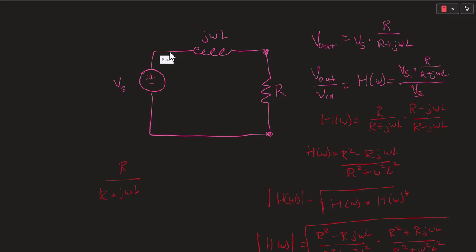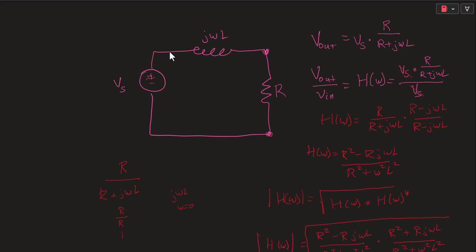Well, you may not know this, but we'd have maximum where the imaginary part would equal 0. That would also be the case because when you have a fraction, it's biggest when the denominator is smallest. If we make j omega L as small as possible, with omega equal to 0, then this becomes r over r. So it's maximal when the denominator is smallest, right? And so that would be 1.